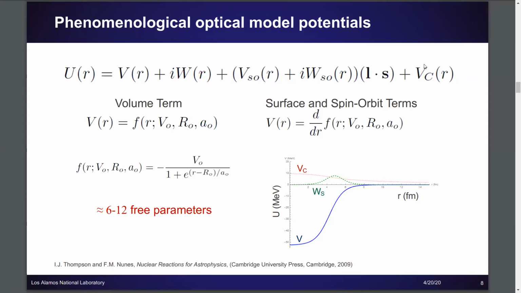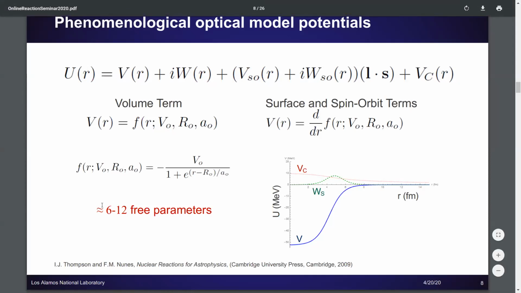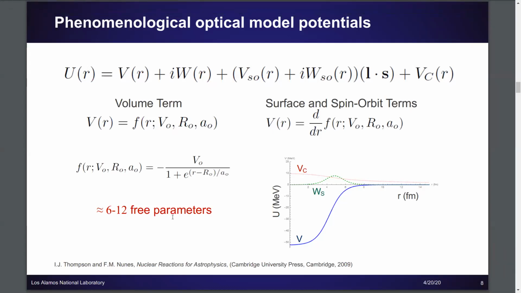And then when we have neutron scattering or charged particle scattering, we fix the Coulomb term as well. And so we don't try to optimize any of these parameters. This leaves us with somewhere between 6 and 12 free parameters. Most of the cases I'll be talking about are about 9 that we have to optimize and propagate through our models.